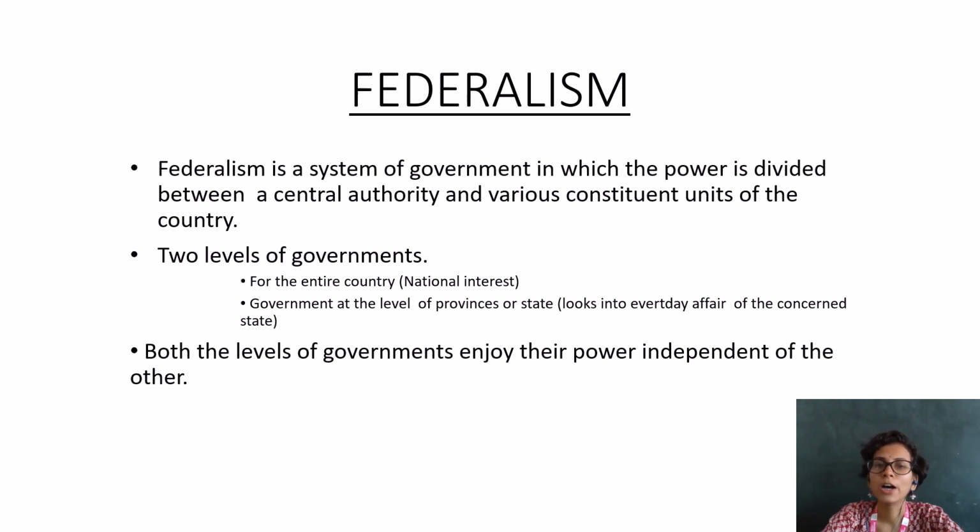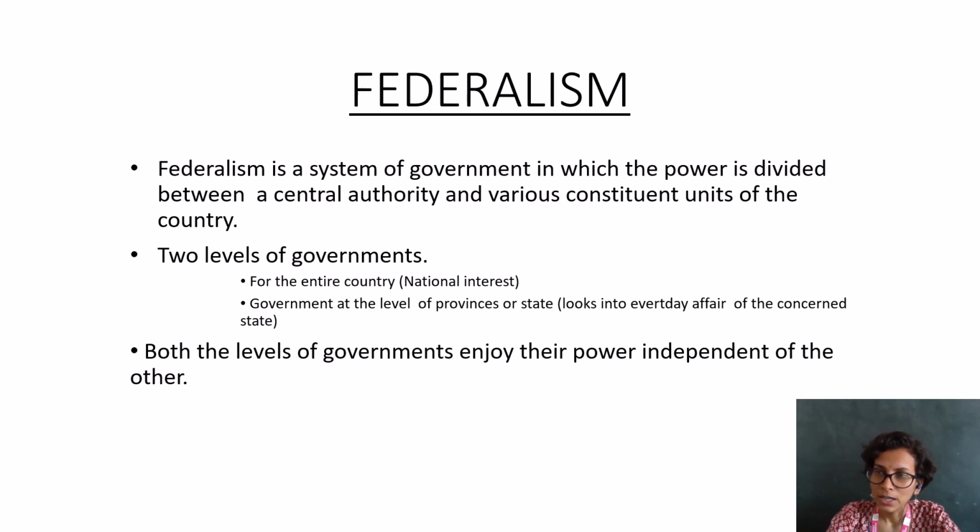Now, when we are talking about these two levels of government, in a true federal country they will have their power independent of each other. What does that mean? The power that the state government has is not given by the central government. It is guaranteed by the constitution. What does that mean?